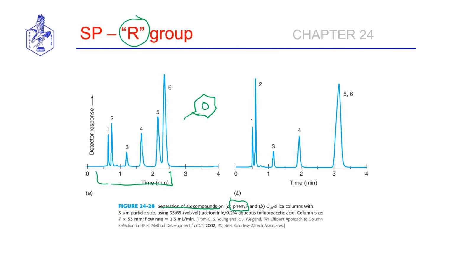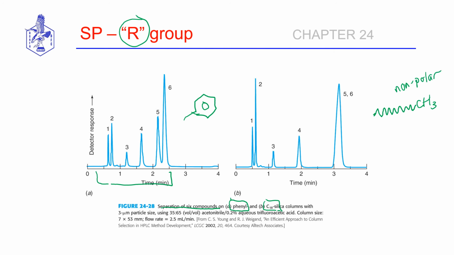What would that separation have looked like if I tried to perform that same separation on a column in which I used a C18 R group on my surface? Okay, obviously this is very nonpolar, but without any aromaticity, pi bonds.